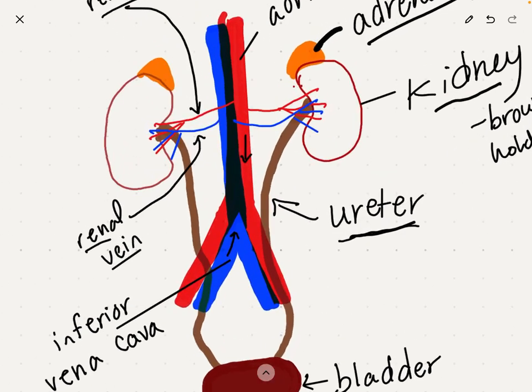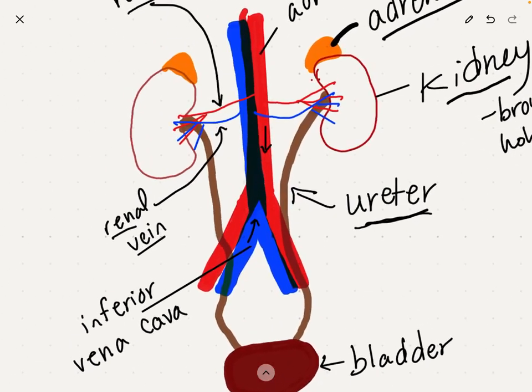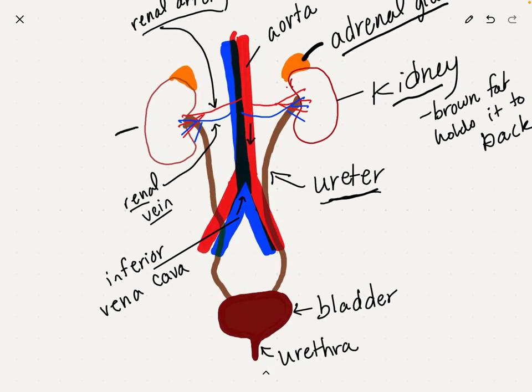Okay. So if you're thinking about the kidney, the kidney's main function is just to filter and create urine. And it does that with the use of a nephron.